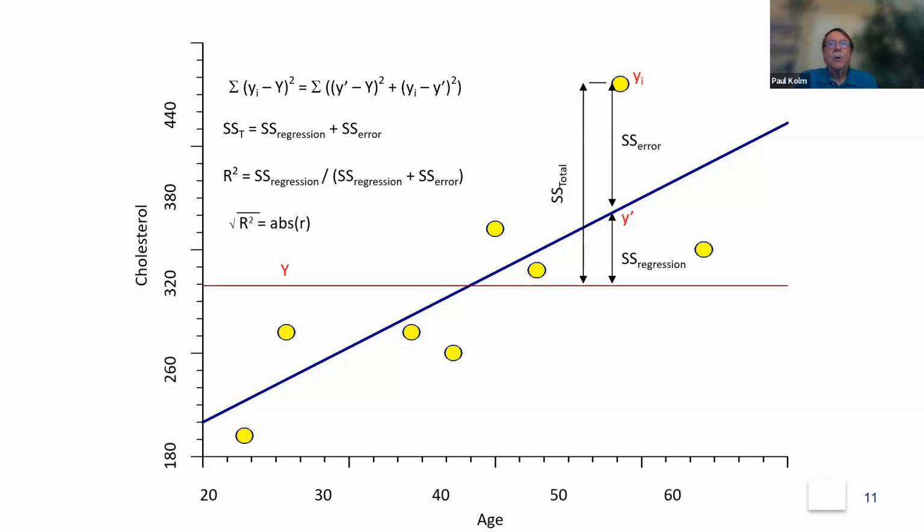So the R squared is basically how we evaluate how good our regression is as far as fitting the actual data. The R squared will range between 0 and 1, and obviously the higher the R squared value, the better the fit of the regression to the data.